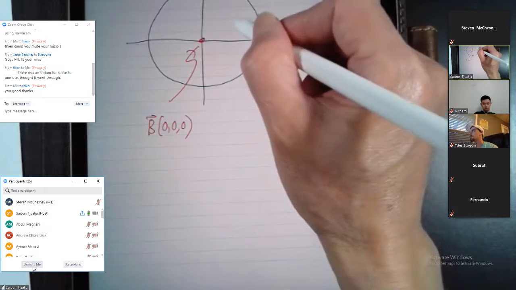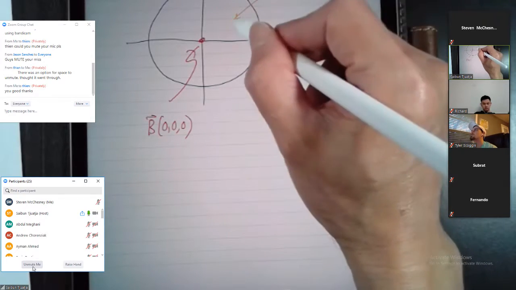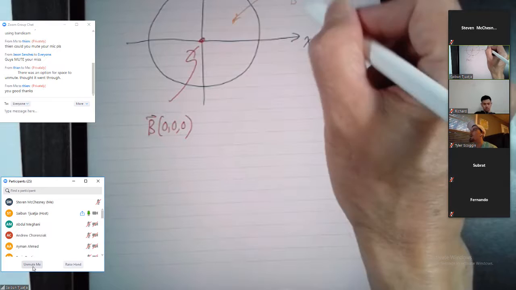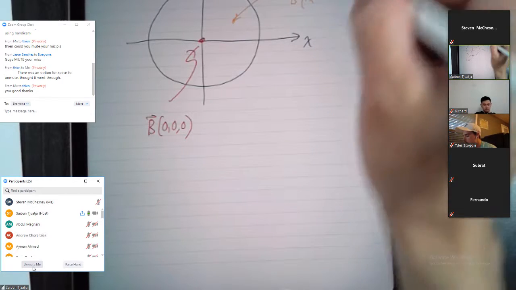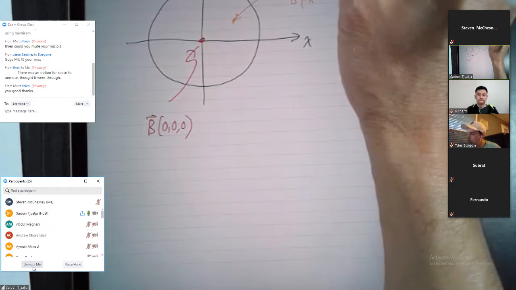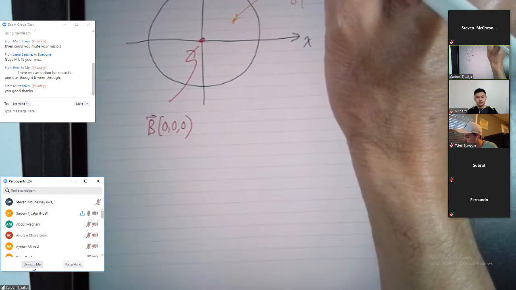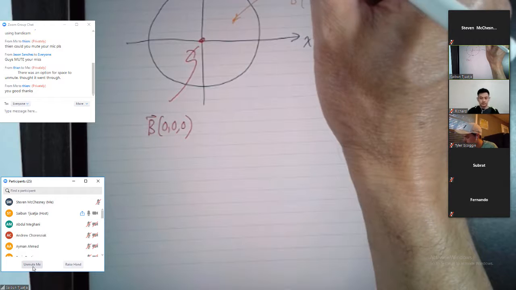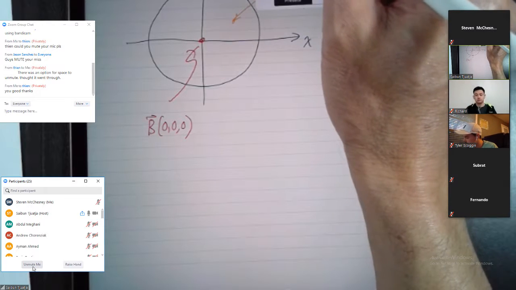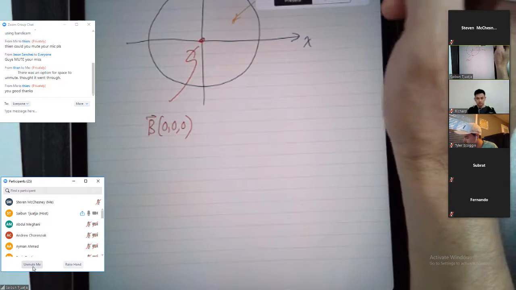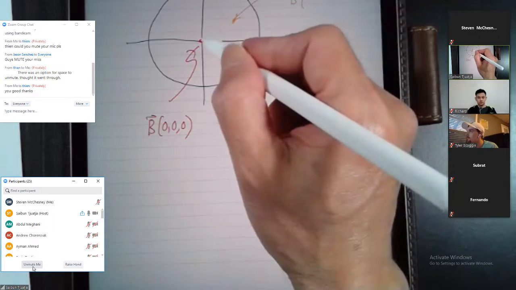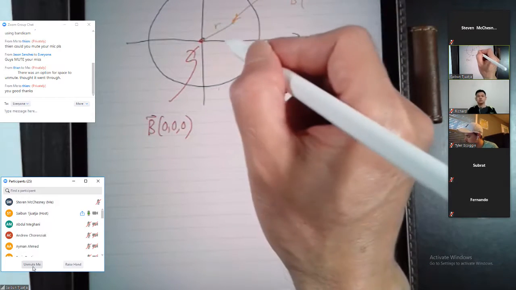So maybe here, at this location, B at some X, I'm sorry, let me use cylindrical coordinates. Let me use a different color. Maybe a green one. Okay. So here this is my R, this is my phi.